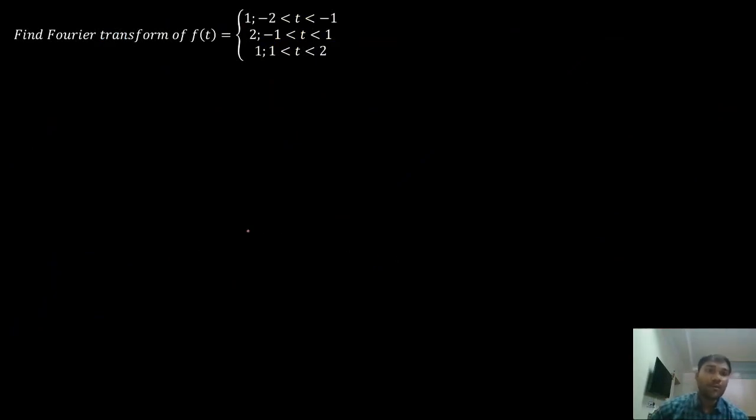Now we'll find the Fourier transform of this function. Now we are given a function in its mathematical representation, right? Now we'll have to find the Fourier transform of this function. So let us just draw this function. If I draw this function from minus 2 to minus 1, what is my value?